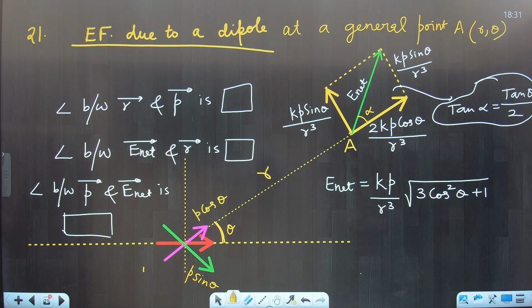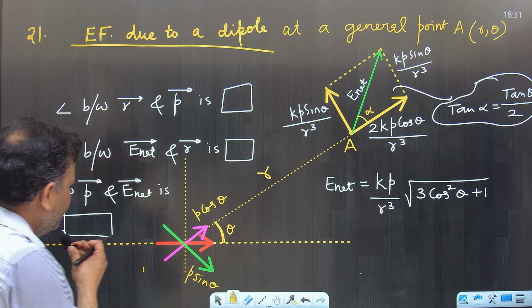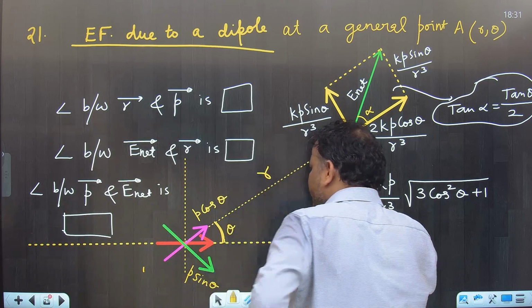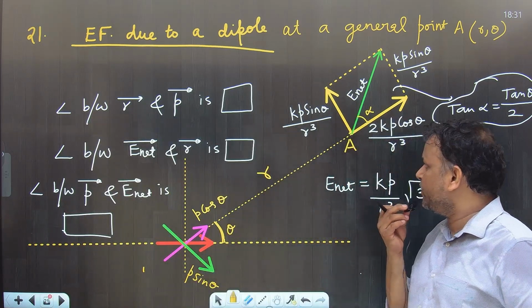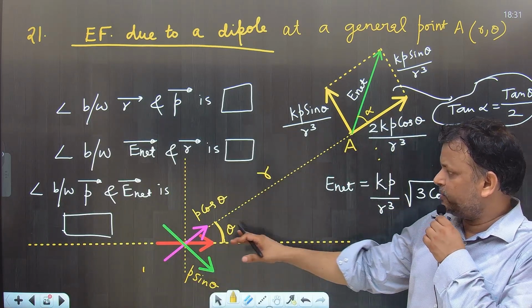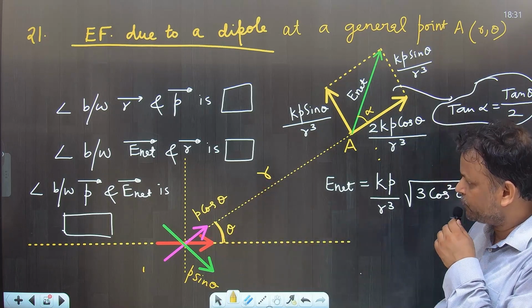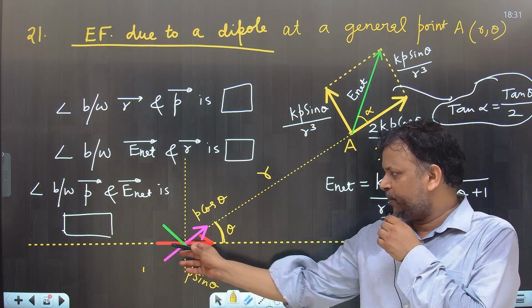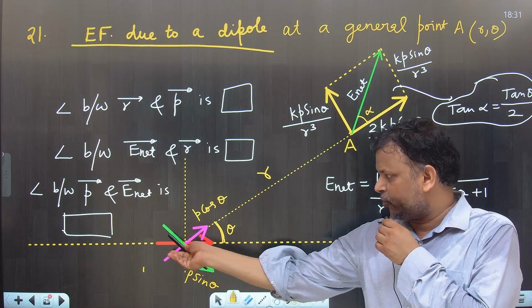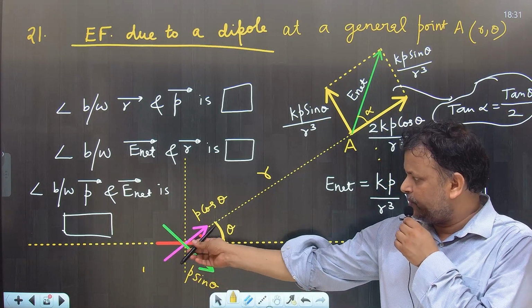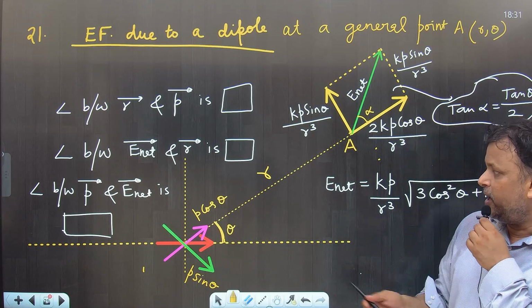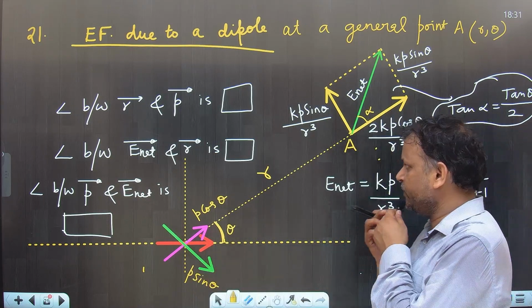So now come to this point. There is a dipole having dipole moment P, and you have to find electric field at point A, which is at some angle theta, at some distance r. So we will resolve this P along the r and across the r. This along component will be P cos theta, right, and across component will be P sin theta.